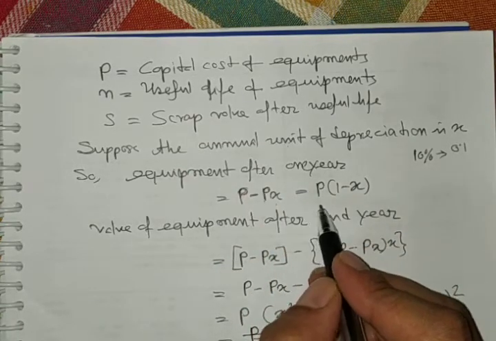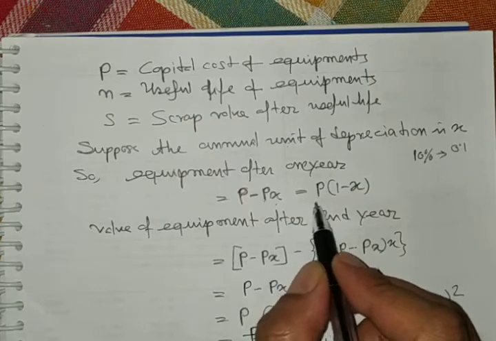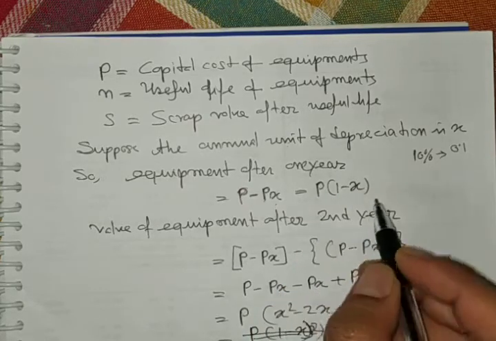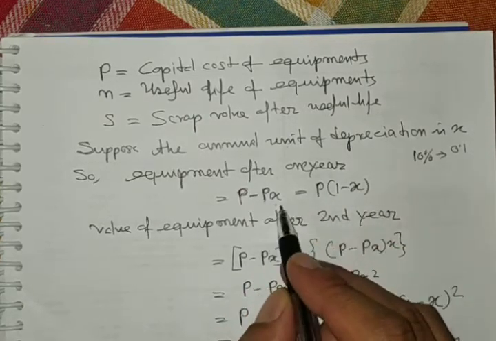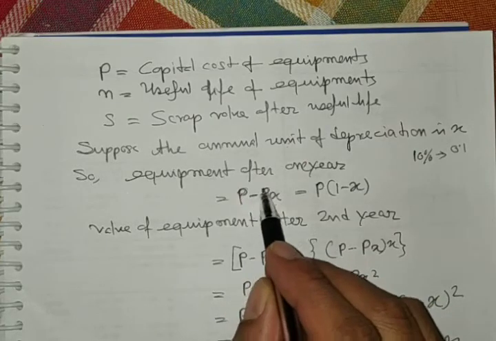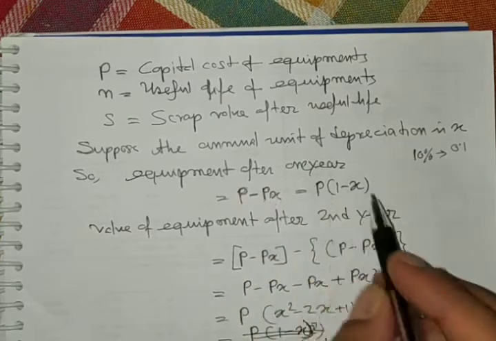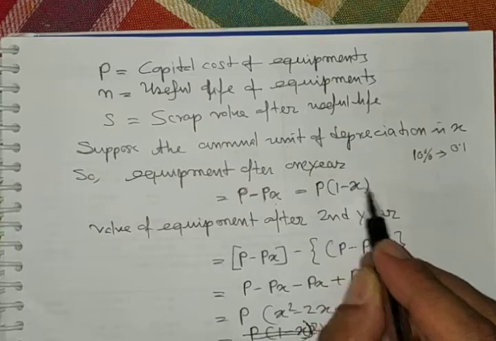We already gave one example, so this is the generalized form. P minus P into X, so it is P times (1 minus X).